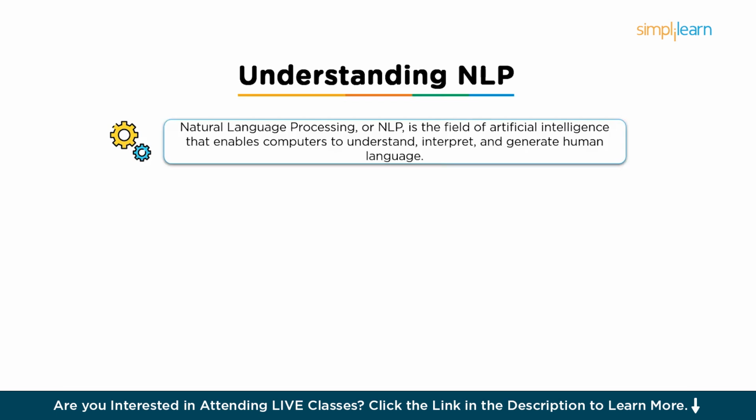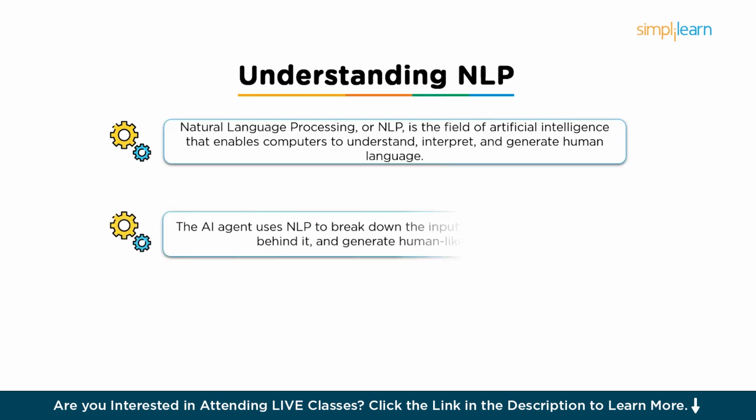It's the bridge between the complex, unstructured world of human communication and the structured, logical world of computer processing. Within the context of a chatbot or any AI agent, NLP is the engine that allows the AI to break down the user's input, understand the meaning behind it, and generate human-like responses.